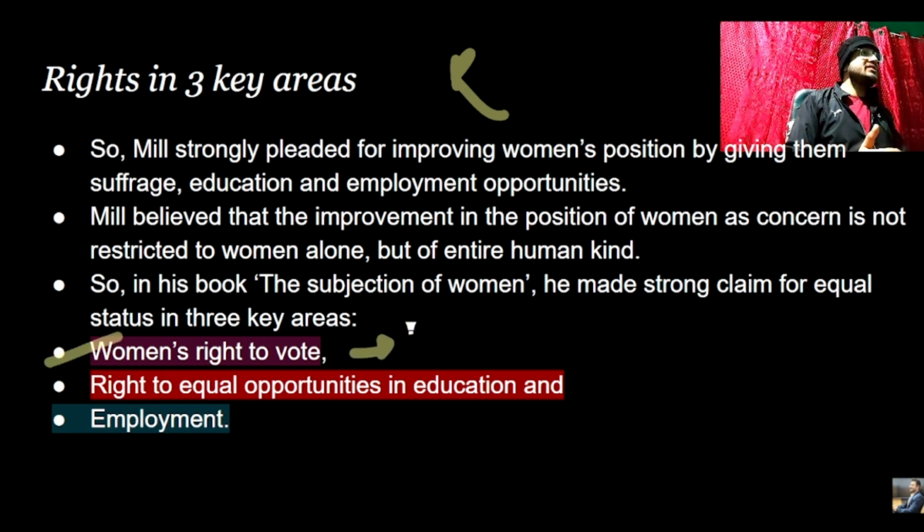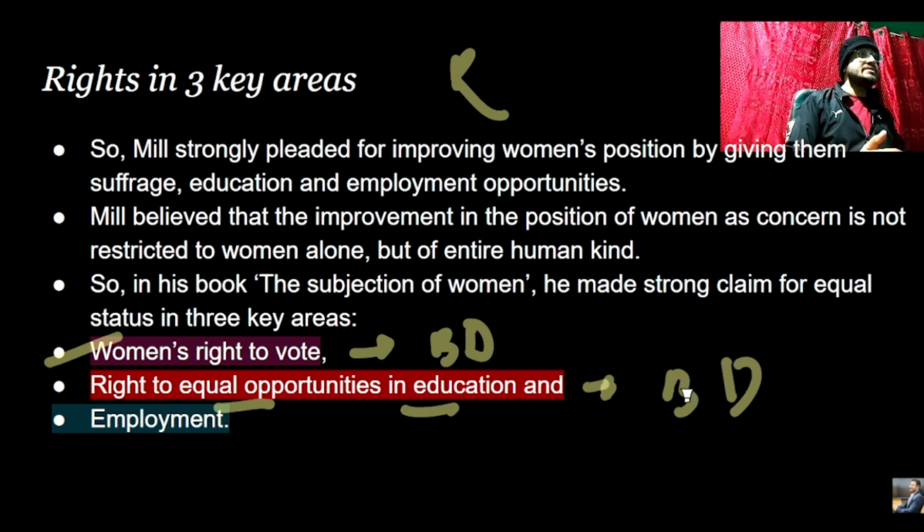Here gender inequality or biological difference does not matter, and hence they should be given the right to vote, right? Right to equal opportunity in education, right? Education has nothing to do with strength or biological difference, hence they should be given equal opportunity in education, and employment, right?